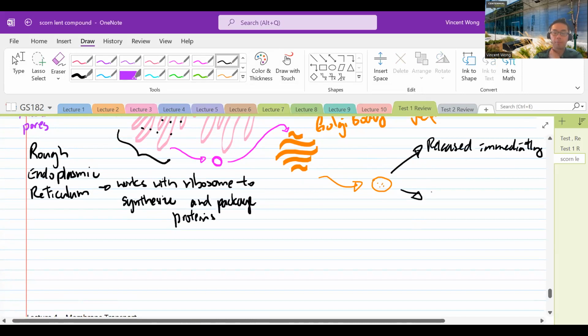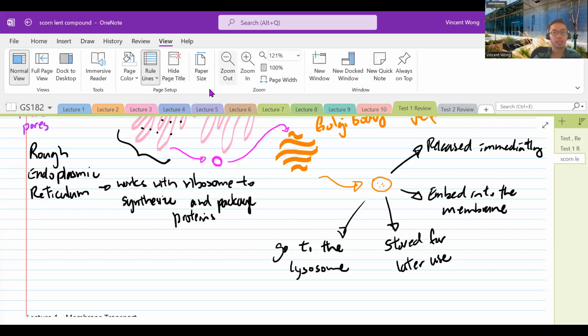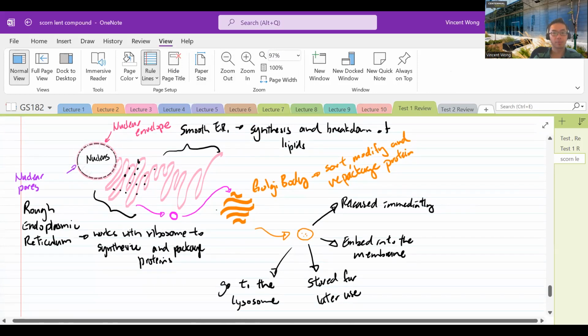It might become a membrane protein, embedded into the membrane. It will be stored for later use. It might go to the lysosome, right, and become part of its proteins. Okay, so those are all the different destinations.